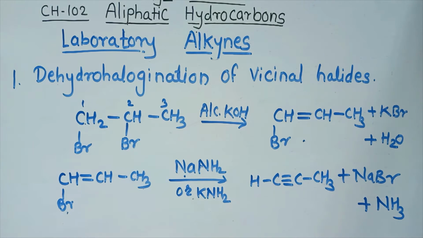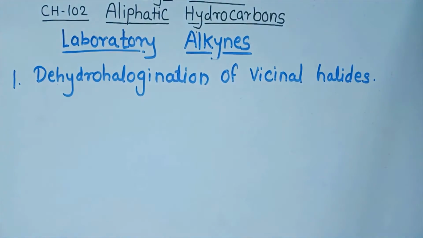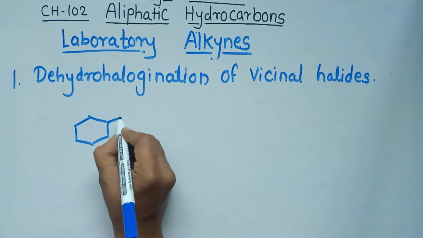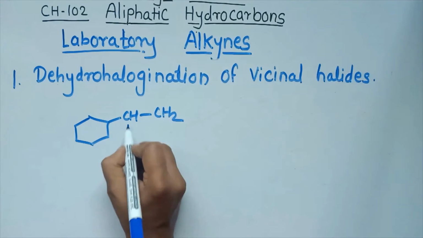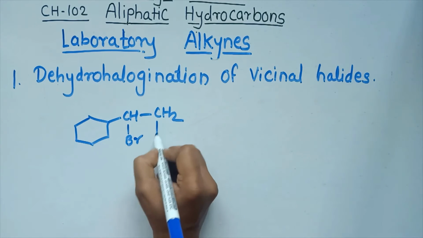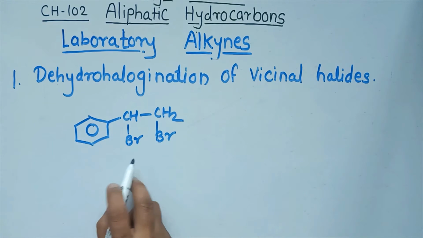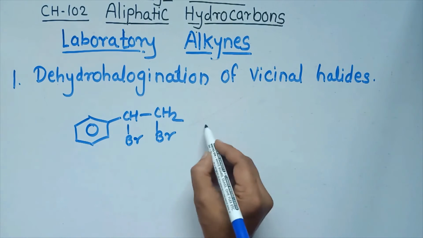We take one more example, then the idea gets very clear. For that, we consider another example. This is a vicinal halide, and the name of this compound is styrene dibromide.